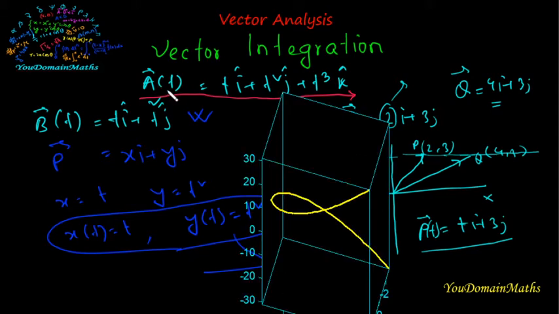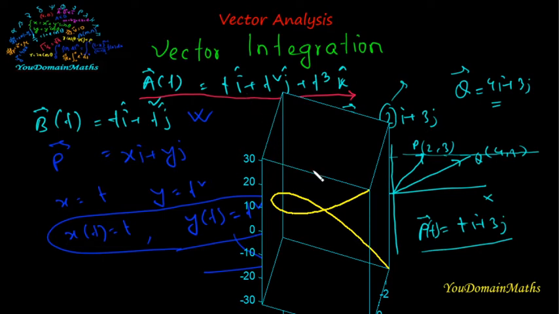Now this a of t is the vector which represents the 3D curve.